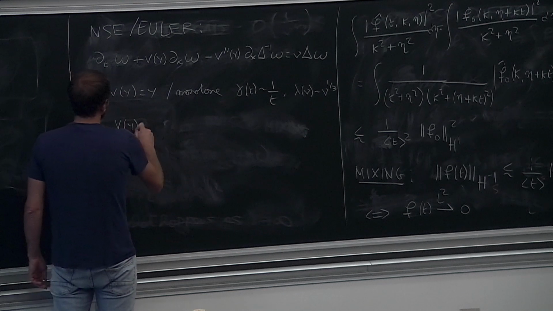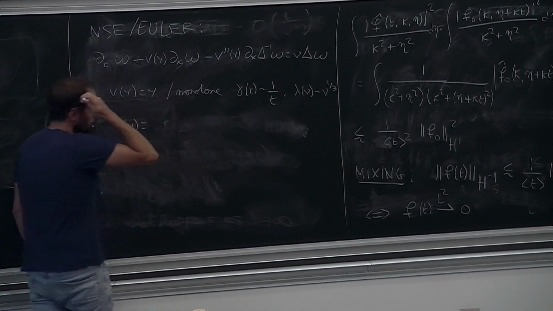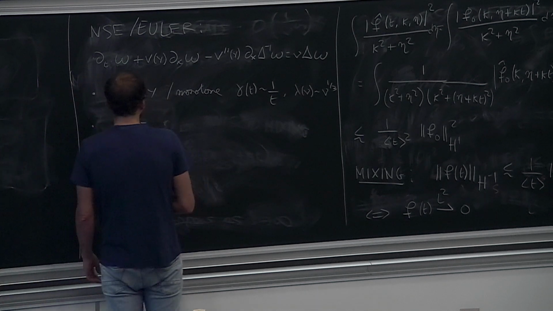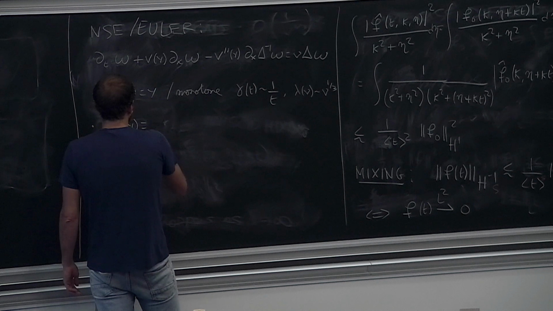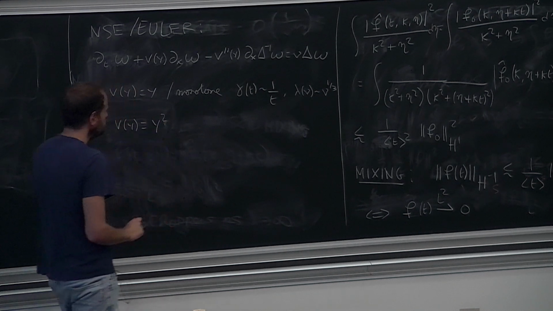And then we know how to do it for, so this is on T cross R or on T cross [0,1], V of y equals y squared, so the Poiseuille flow.